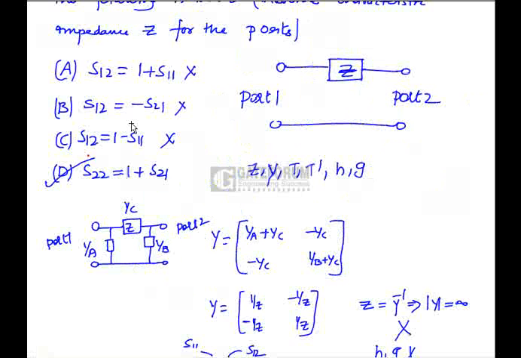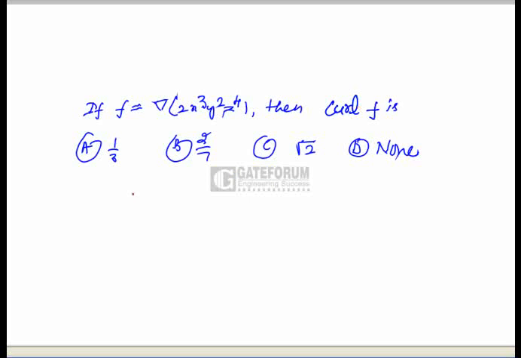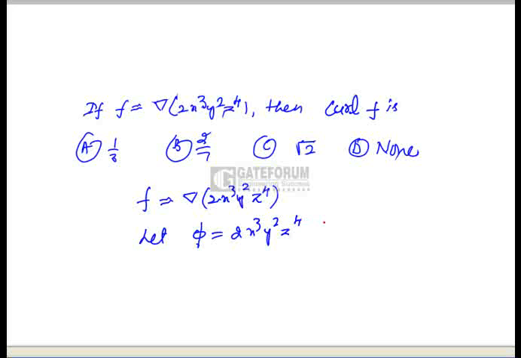Option D is correct. In this problem, the given function is f equals del of 2x cube y square z power 4. Now let us consider the function as phi, which is 2x cube y square z power 4, which is nothing but a scalar function.